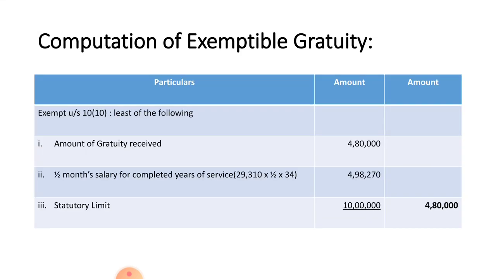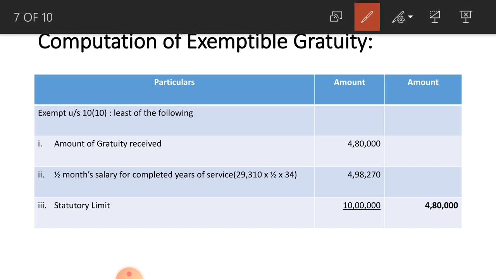So average salary amounts to 29,310. You have to calculate exemptible gratuity, considering him as not covered under the Payment of Gratuity Act. Least of the following is the exempted amount: the amount of gratuity received, 4,80,000, given in the problem; half month salary for the completed years of service, 29,310 into half, that is half month, into completed years of service 34, 4,98,270; and the statutory limit of 10 lakhs.